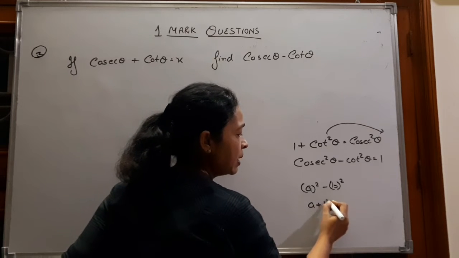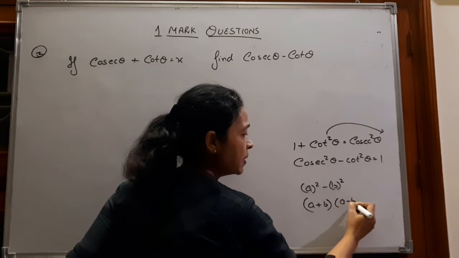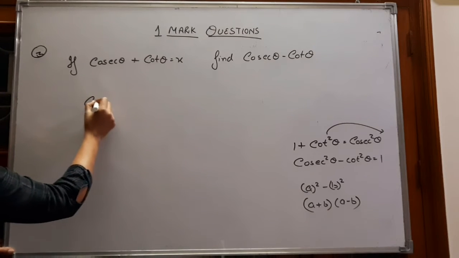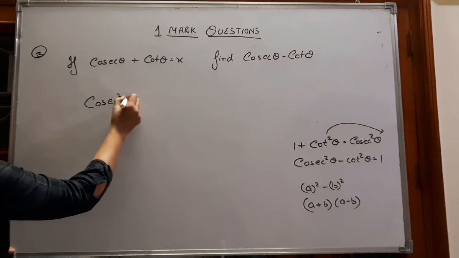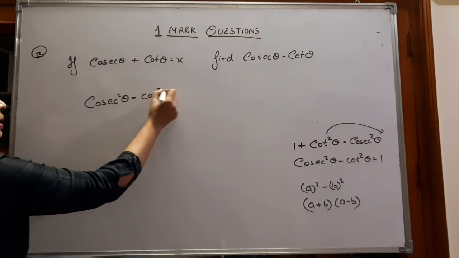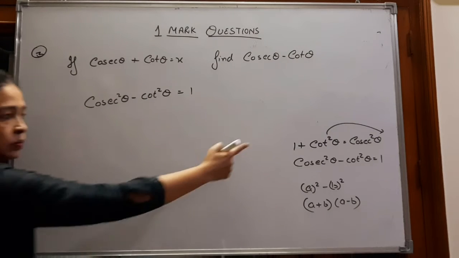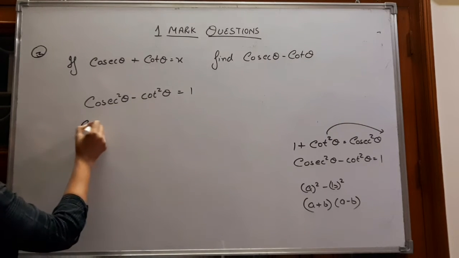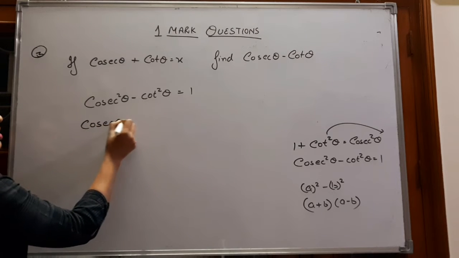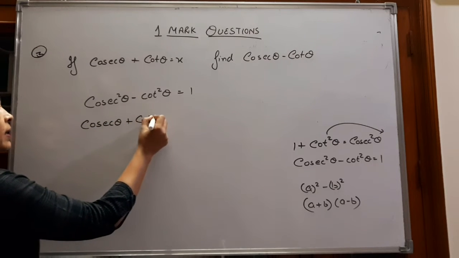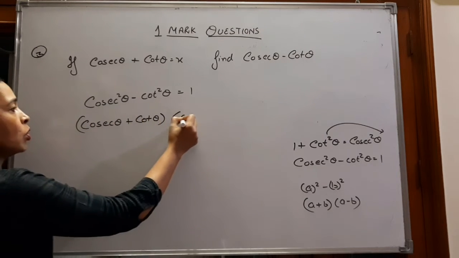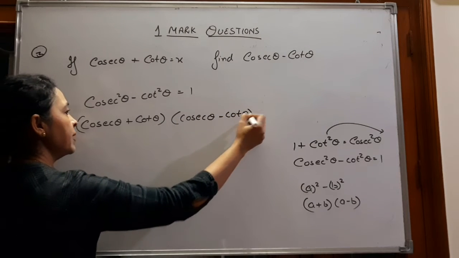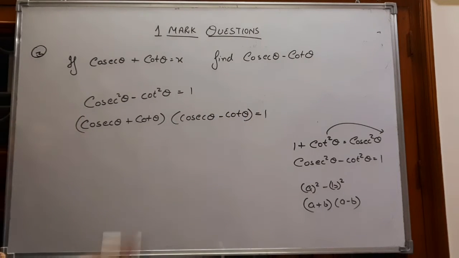It is (a plus b) and (a minus b). Now, we can write cosec square theta minus cot square theta as 1 as per this identity. Cosec square theta minus cot square theta can be written as (cosec theta plus cot theta) into (cosec theta minus cot theta), which equals 1.